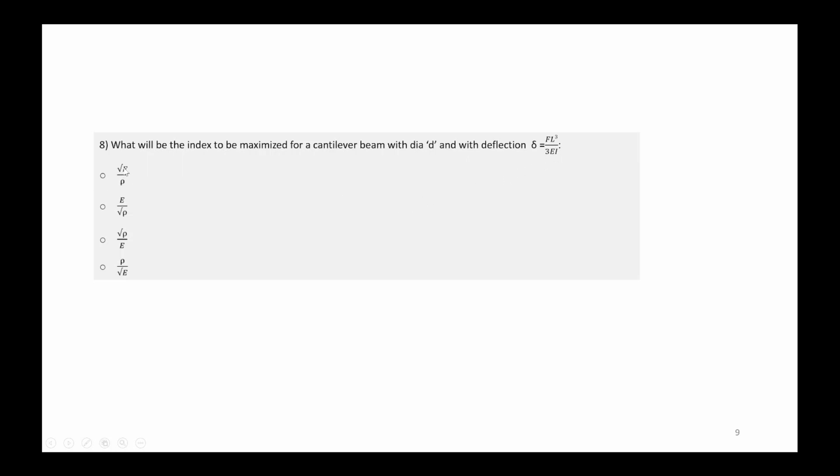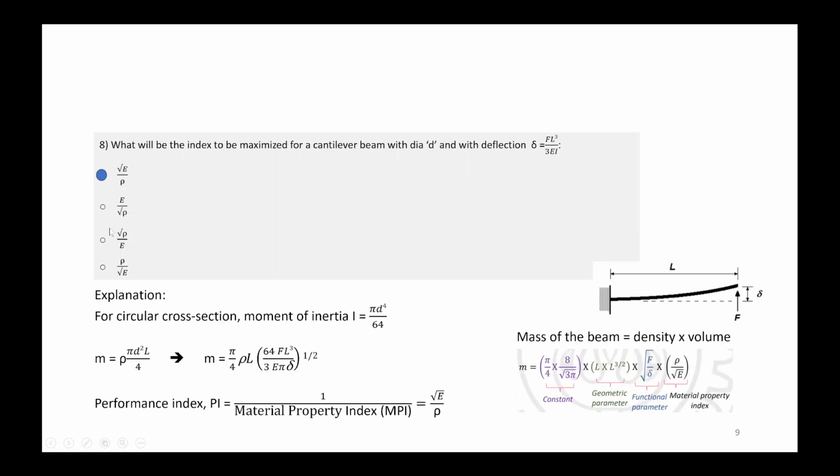Now E is, as I told, elastic modulus, rho is density. So root E upon rho, or E upon root rho, or root rho upon E, or rho upon root E. Your answer will be the first.